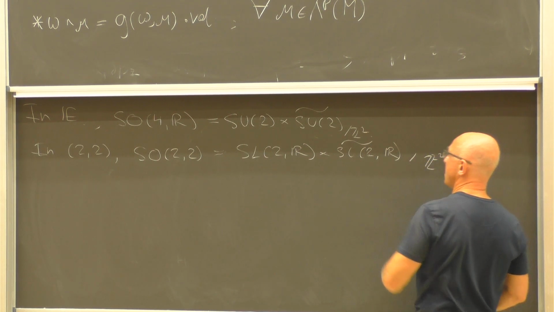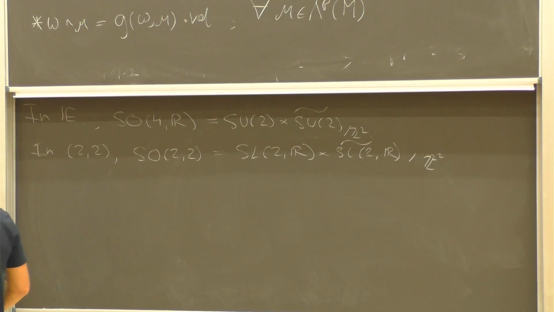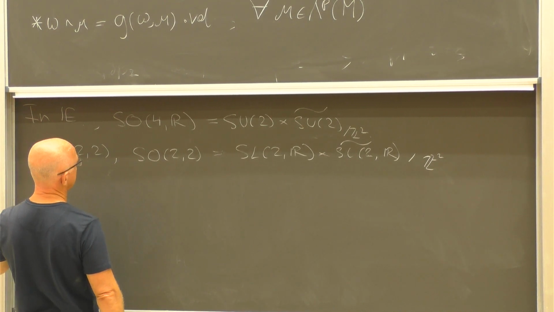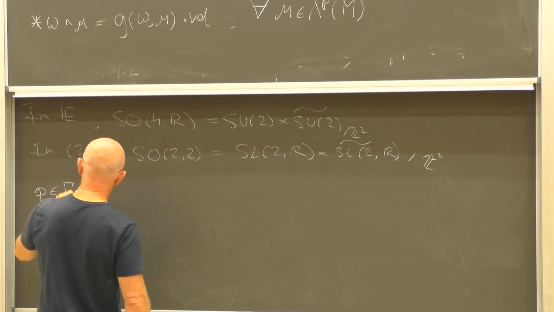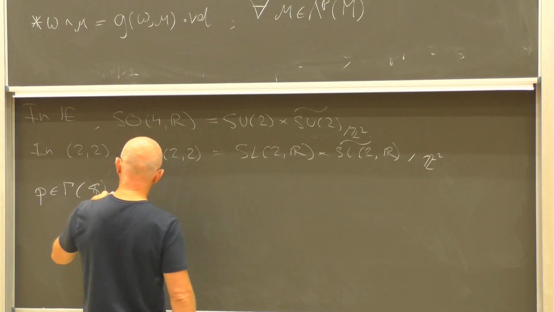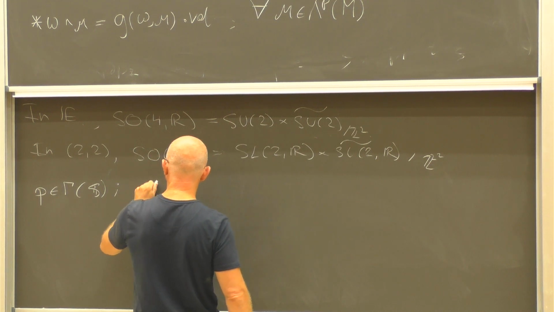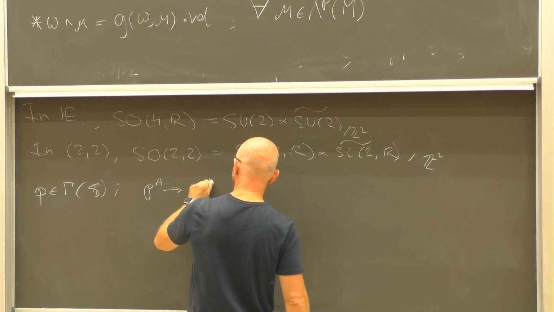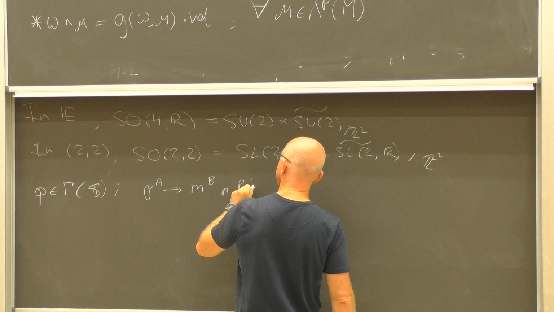You see, it's only this signature which has an invariant meaning of what it means for a spinor to be real. So if P is a section of S, then one of these actions on P is P^A goes to M^A_B P^B.